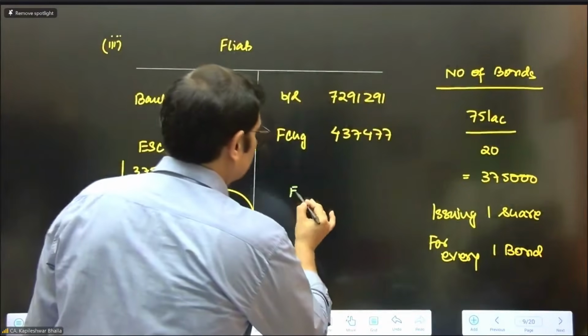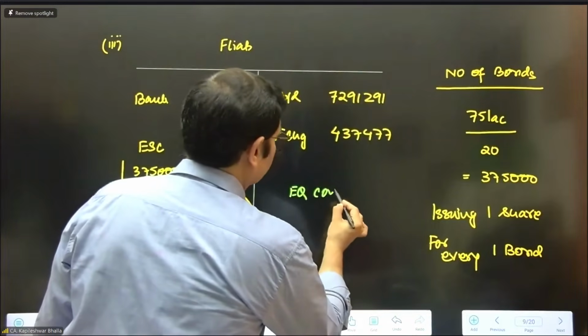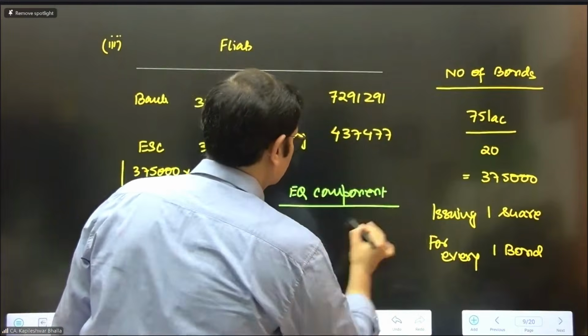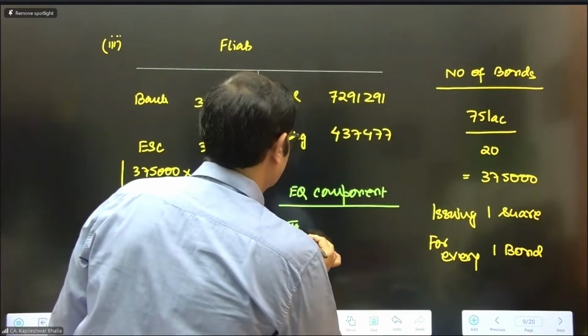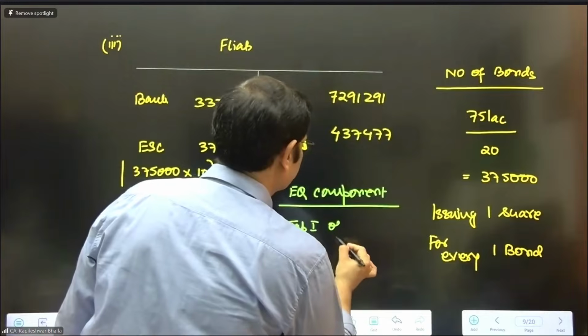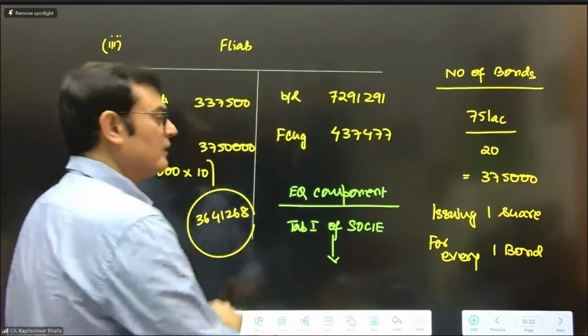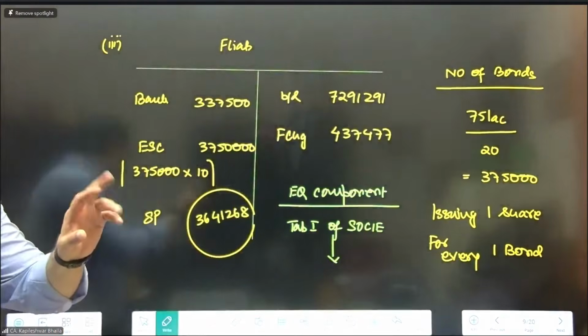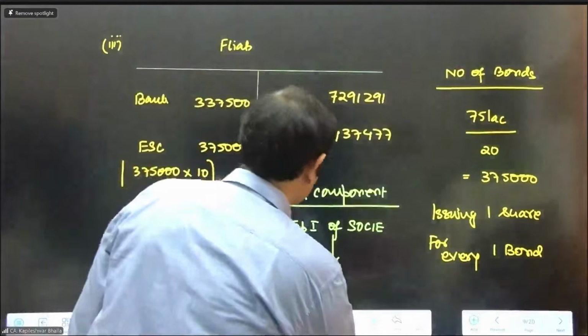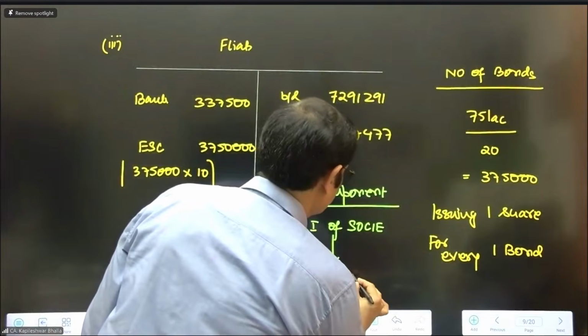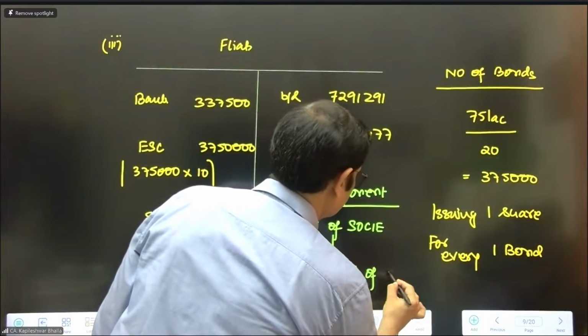As far as the equity component is concerned, which is there in tab number 1 of SOKI, that initial segregation will be transferred to tab number 2, that is share premium of SOKI.